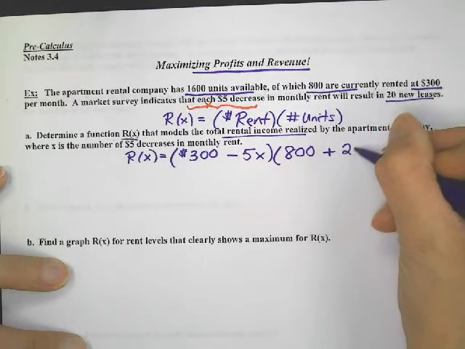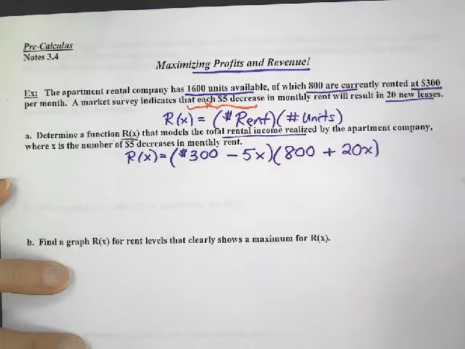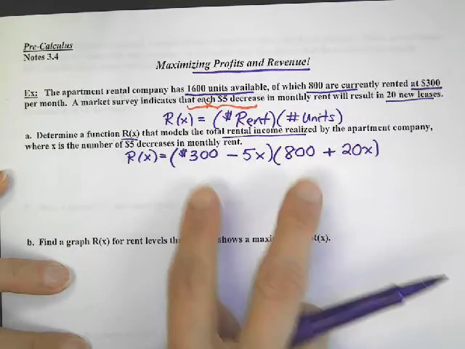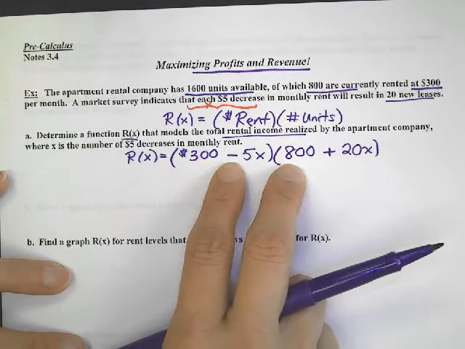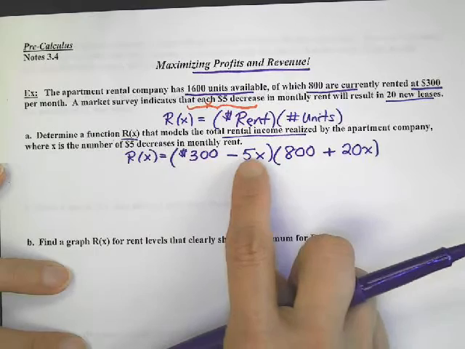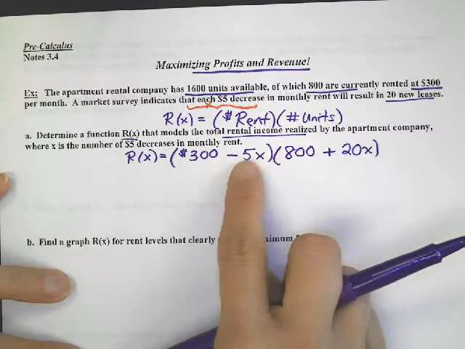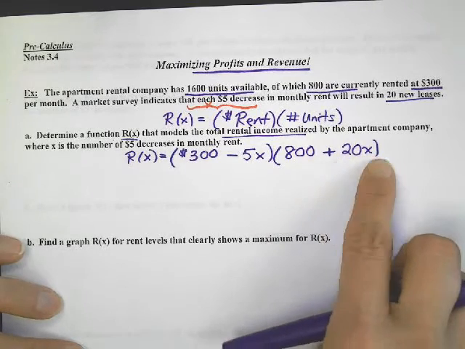So it's 20 leases for every X. Okay? So the moral of the story, you put the initial number, and then this is going down as this is going up. So you decrease it X times the amount, and then plus 20X, however many decreases, you get that many more.